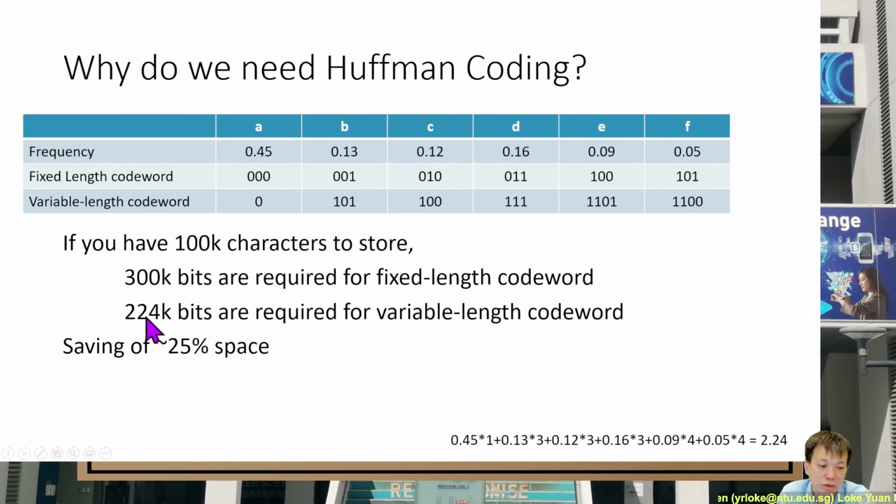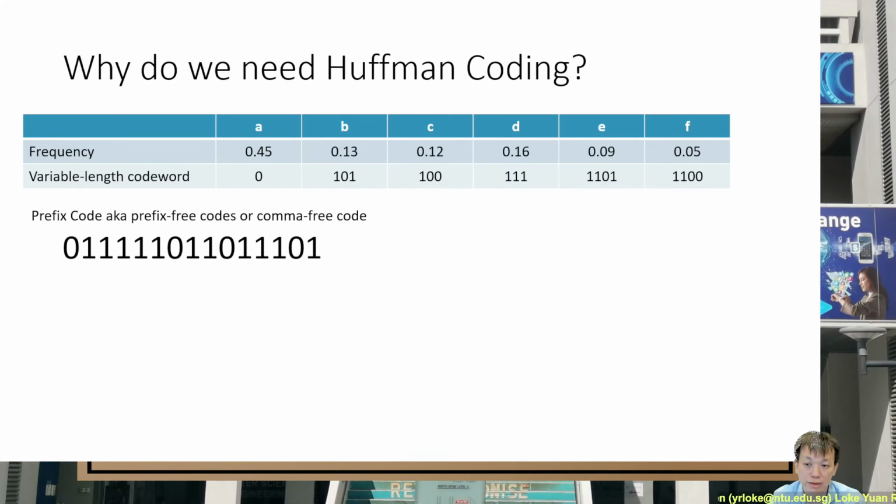You just need 224,000 bits to store these 100,000 characters, and you save about 25% of the space. This is one advantage of using variable length code. Another thing is that Huffman coding is a prefix code, also called prefix free code. In short, if I give you this data, you can definitely decode it uniquely.